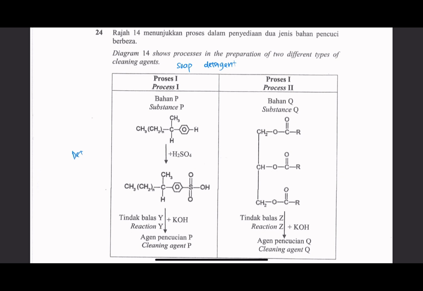Okay, over here should be detergent because this is the alkyl benzene. And here is soap because this one is the fat or oil.